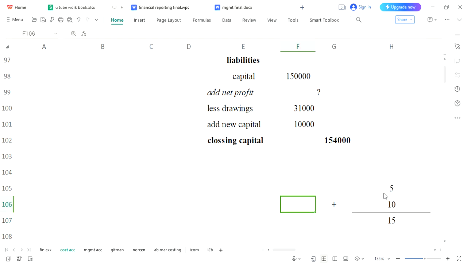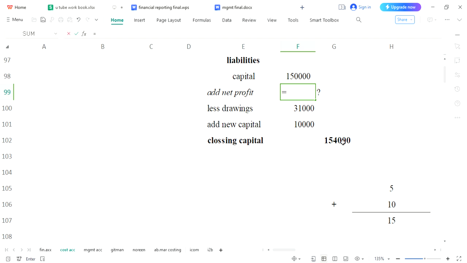In a similar way, you have the answer, but your question is missing. So what you will do is reverse all of your calculations. We have our capital, drawings, and new capital. Three factors are present, and the answer is present. To calculate this question mark, we will reverse our calculation like this, and simply change the signs.